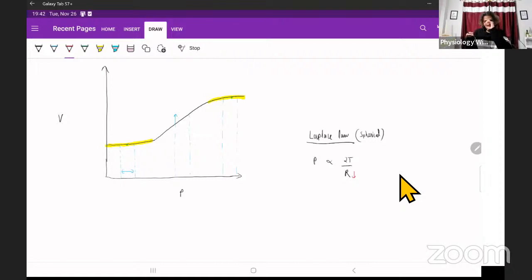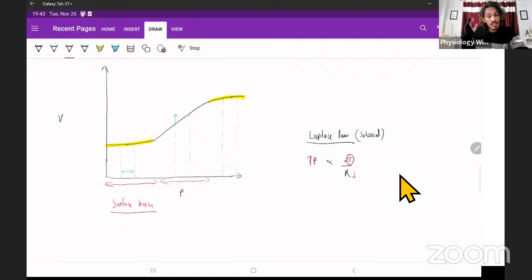At the beginning, when the radius is less, in order to maintain the same tension, you will need to put higher pressures. That is what we saw here. Especially at lower radius, the surface tension is higher over here.